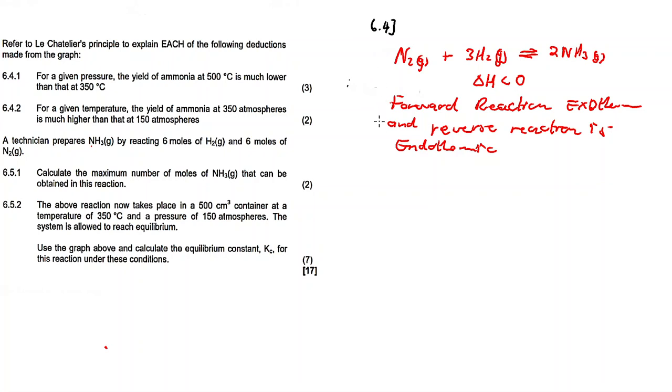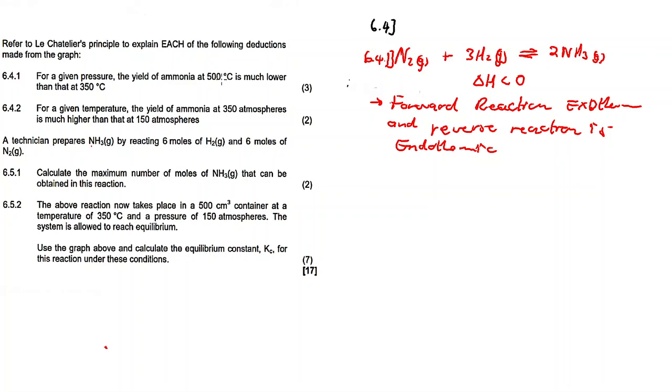Therefore the reverse reaction in this case will be favored. If we favor the reverse reaction, less ammonia will be produced. That's why at 500 degrees Celsius we have a lower yield than at 350. So basically that is the answer for 6.4.1.